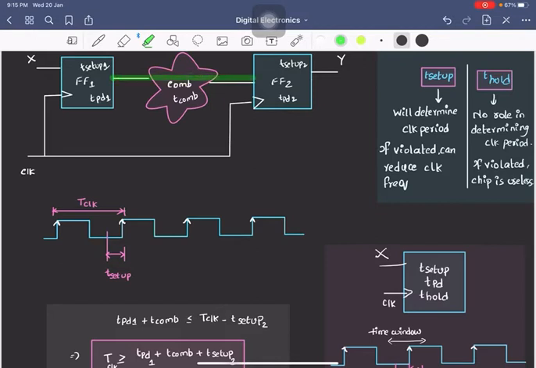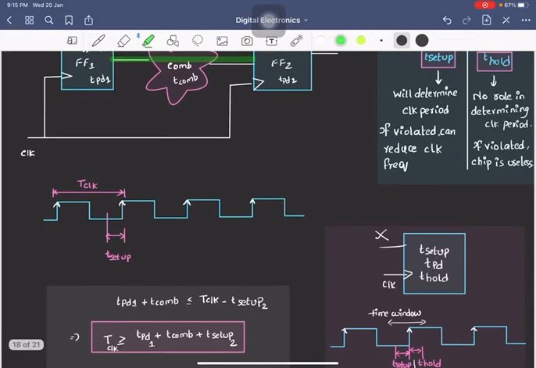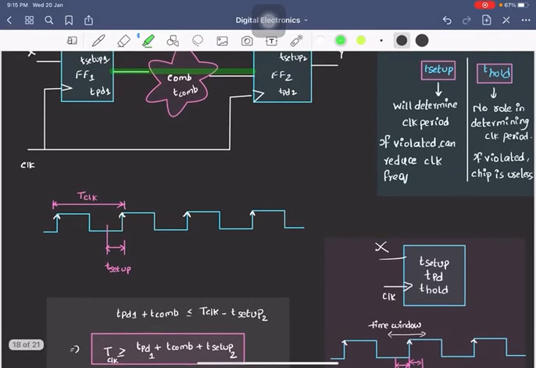From here a signal is coming, and that signal should appear here before the t setup time of this flip-flop. But also that signal is traversing through this combinational circuit.